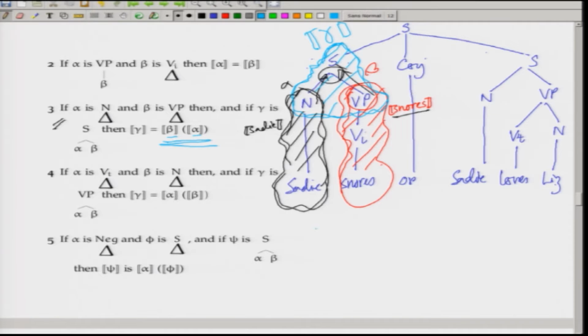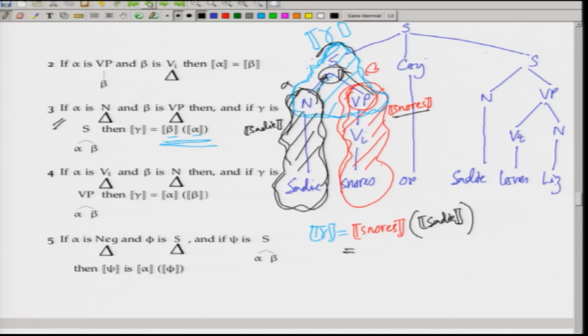The denotation of gamma then, according to the rules, will be the denotation of beta, which is Snows, and then that takes another thing, the argument that the function takes, which is the denotation of Sadi. So now you can see that gamma is the entire sentence. And what is the denotation, and what is Snows?